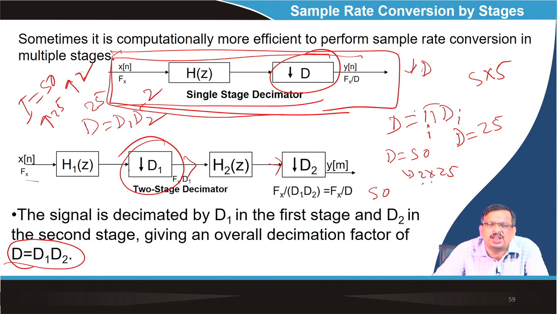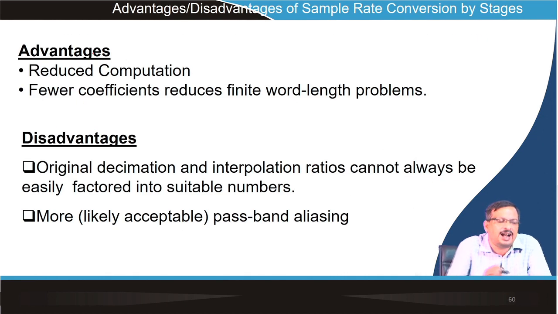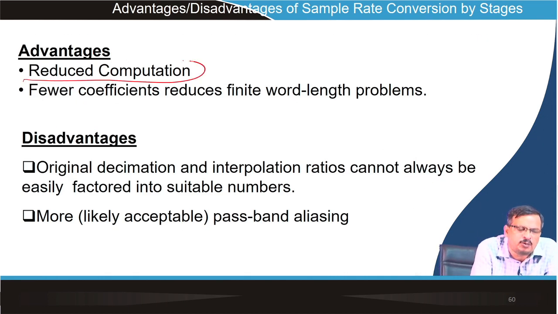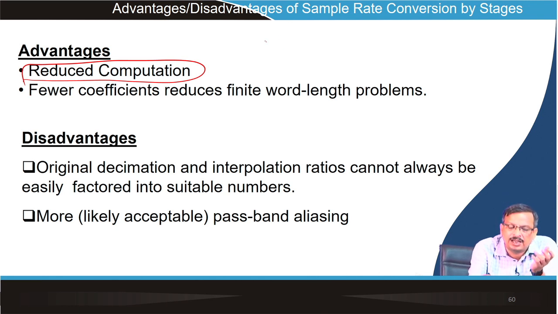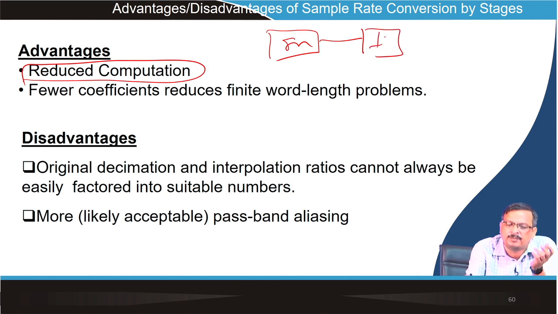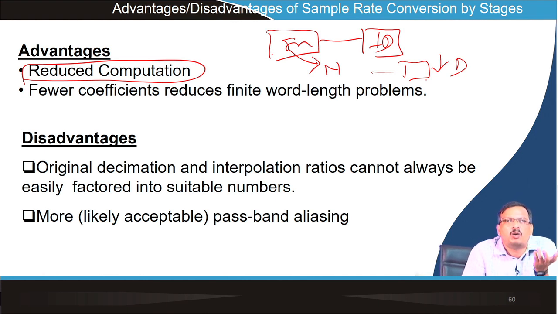So, why do we use multi-stage? What is the advantage of using multi-stage? The advantage is reduction of computation. I will show you. If in a single stage I want to implement the filter for 50, I can show you the order of the filter, and then instead of single stage I can use multi-stage decimation by D, and I will show you the order of the filter.